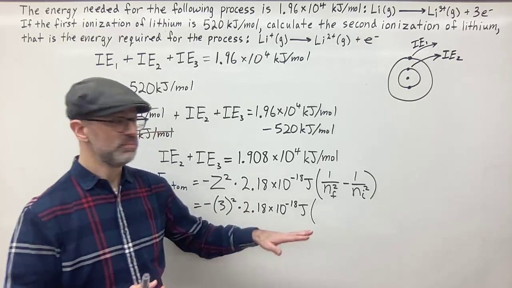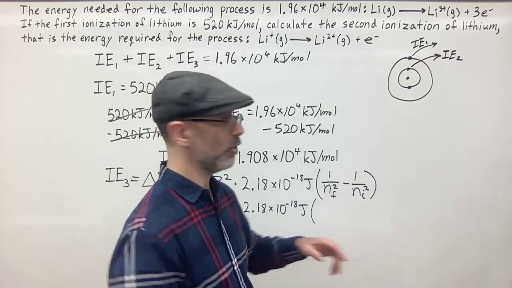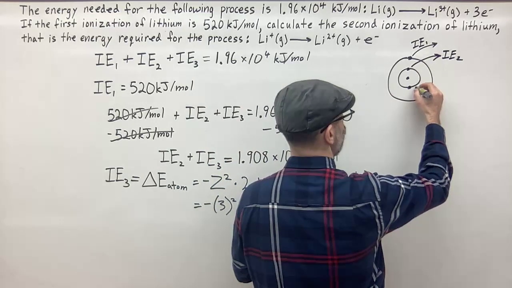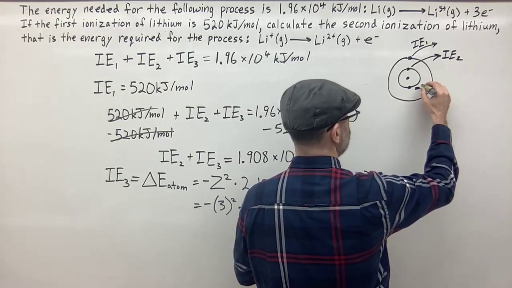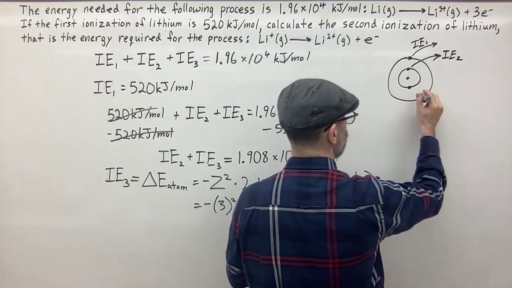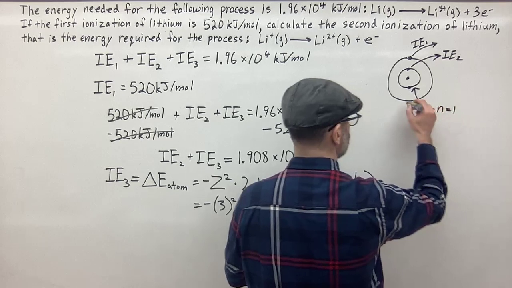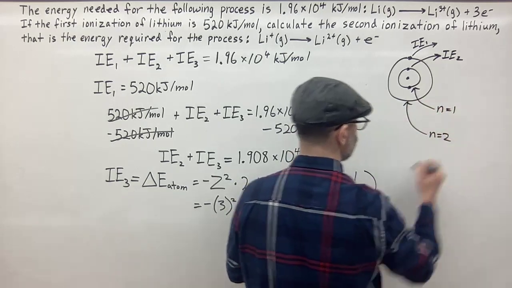Well, remember, the closer you are to the nucleus, the lower your n number is. So here we're going to have n equals 1. So this energy level is n equals 1. This energy level is n equals 2, and so on.